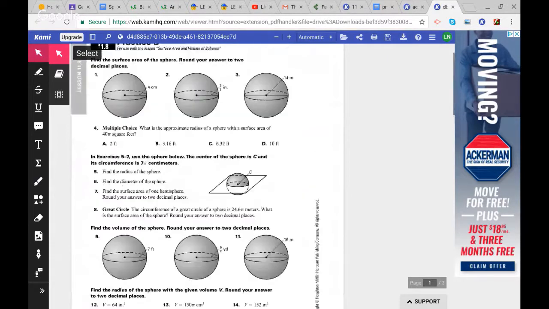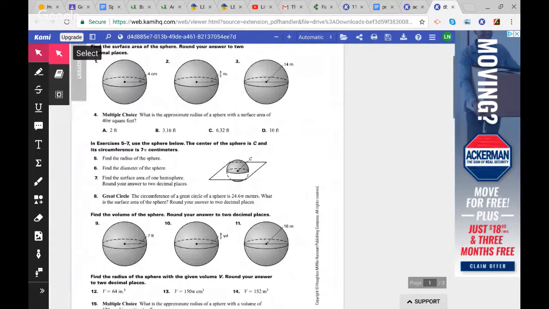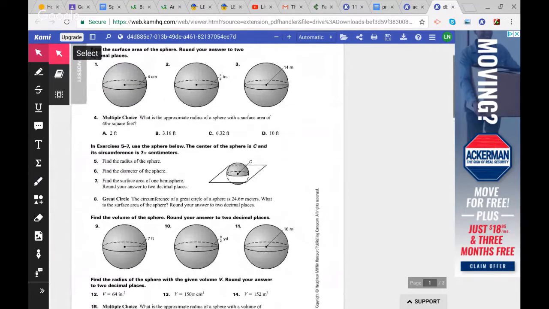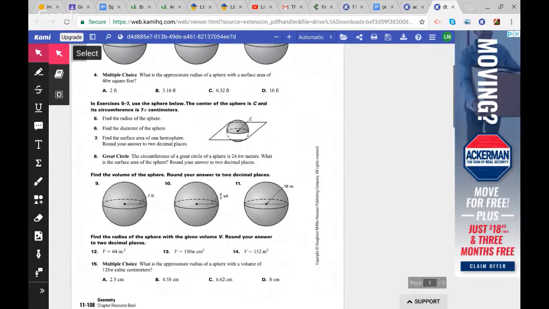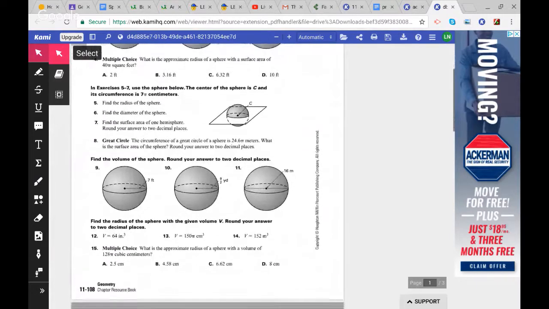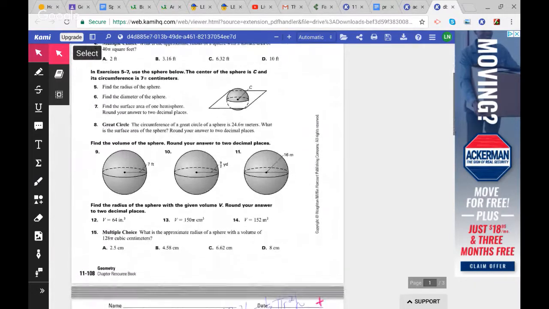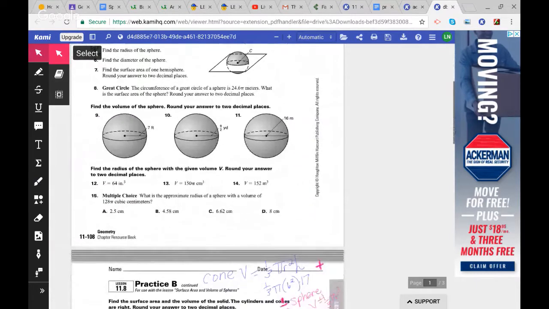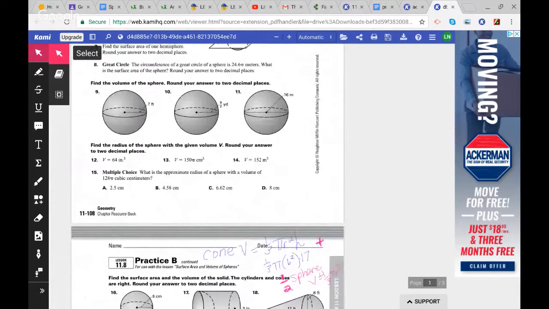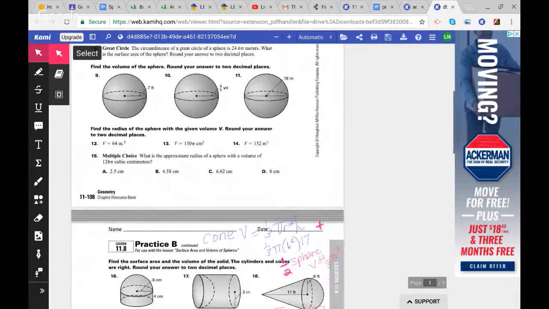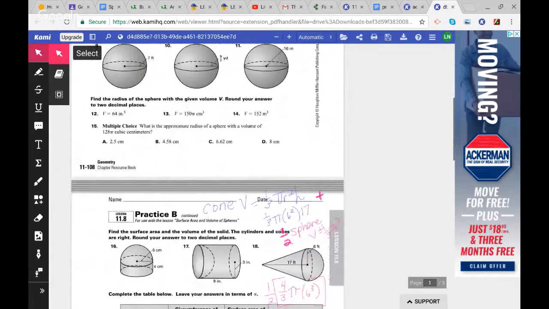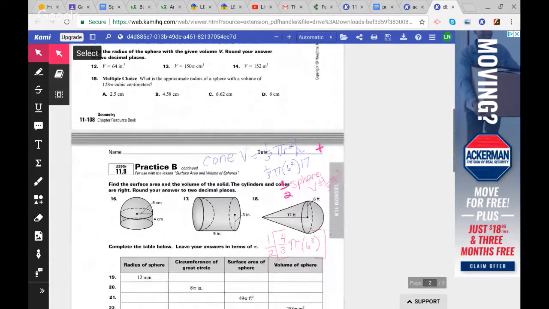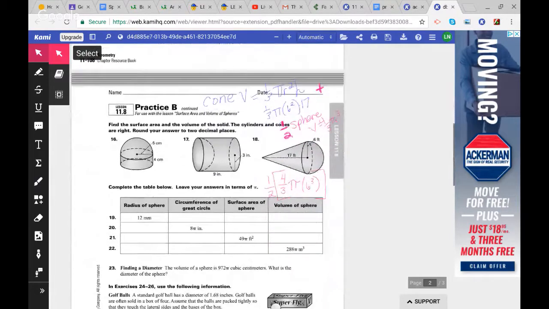If you just want practice, you could do 1, 2, and 3, but do the volume instead of surface area. You could do 5 and 6, I think. 7 and 8, surface area. Yeah, 9 through 15, 16, 17, 18.